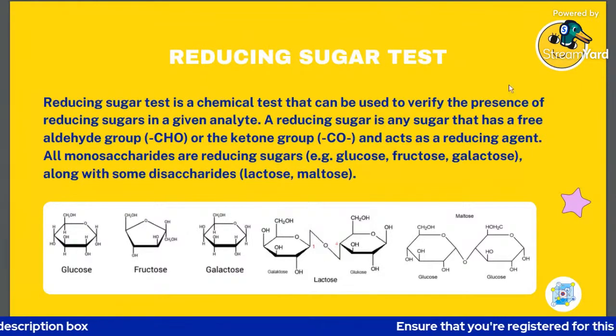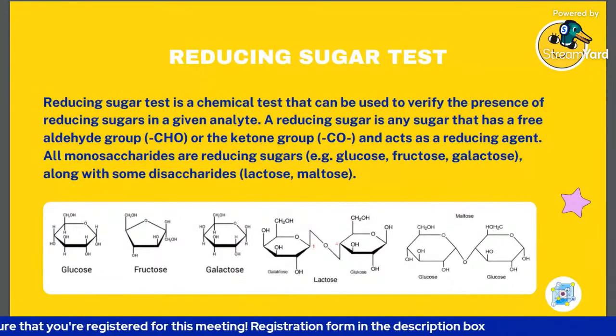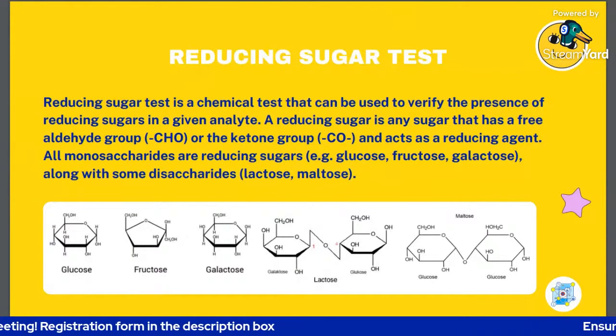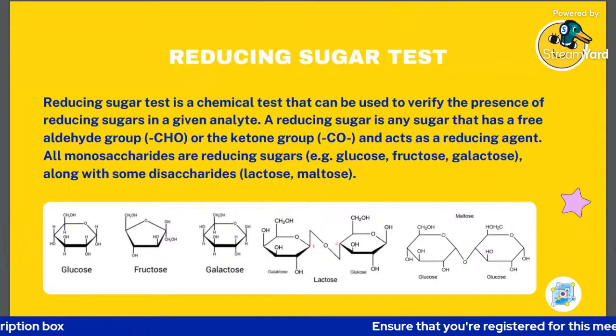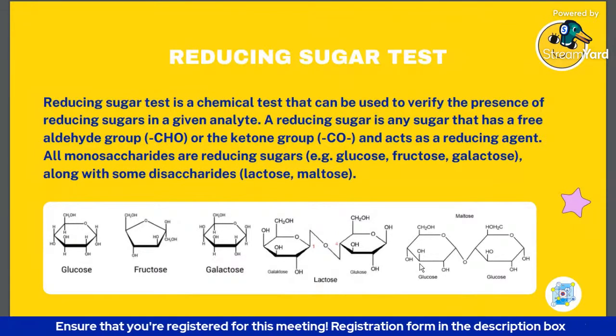So we should know what an aldehyde or ketone group looks like by this time. And this aldehyde or ketone group is going to act as a reducing agent. What we find is that all monosaccharides are reducing agents, and then we have a few disaccharides such as lactose and maltose that are also reducing agents.